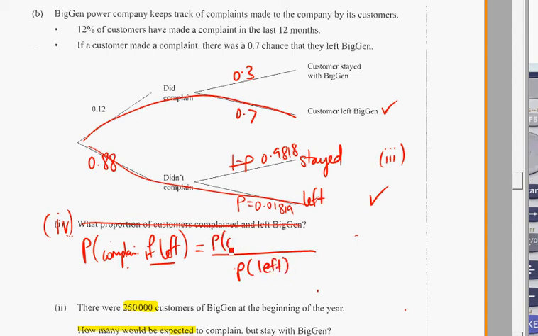And the top line should be the probability of both things happening, complaining and that they left. So the probability of complaining and leaving, up the top, 0.12 times 0.7. We've done that plenty of times. Probability of leaving, we were told from the question above, was 0.1. So working that out, we get 0.84 for an excellence. That's for part 4.